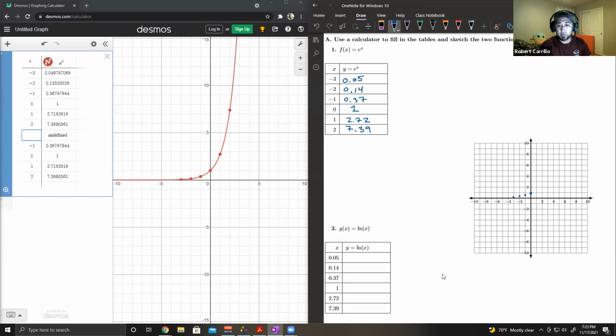At 1, you're at 2.72, which I'll put really close to 3. And then at 2, you're at 7.39, so we'll just put it close to 8. And here's what the exponential function e to the x looks like.